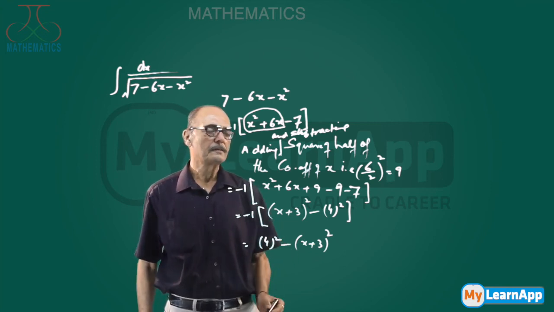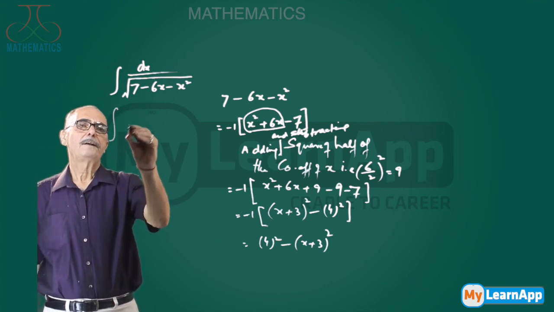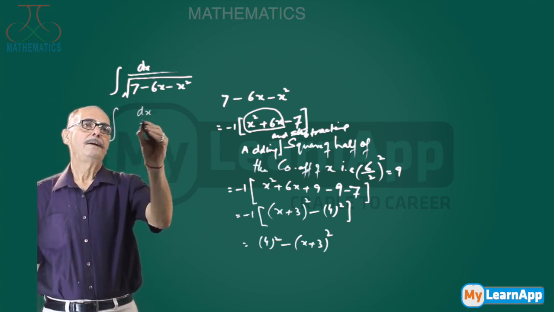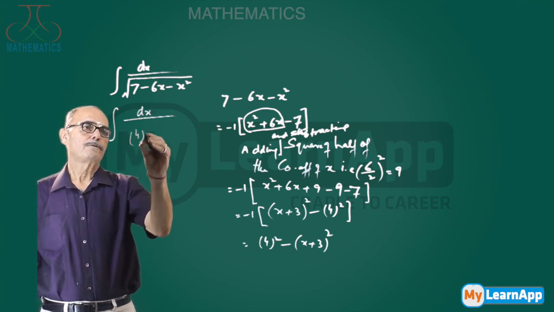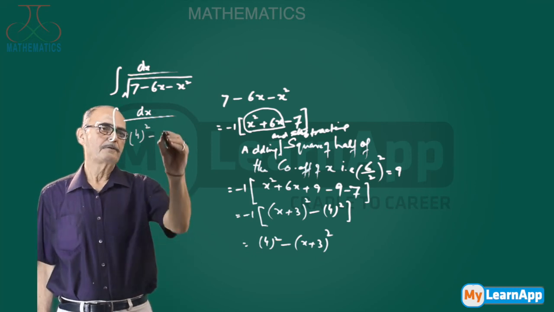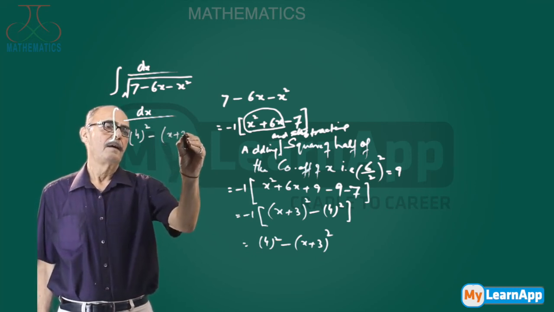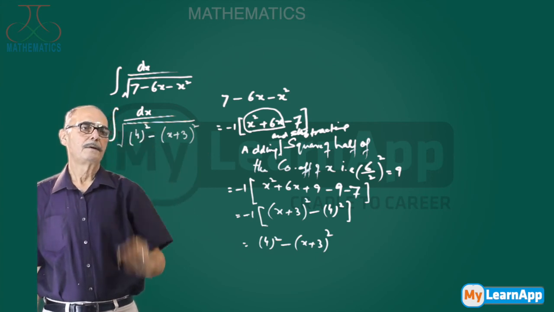Open the bracket this. So we have the result here, integral dx upon 4 square minus x plus 3 and square of this and under the root.